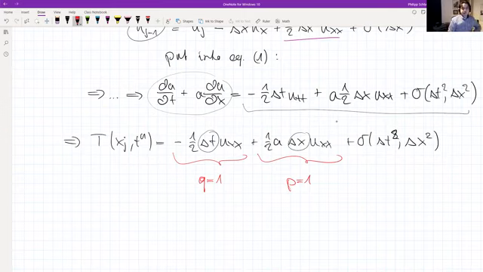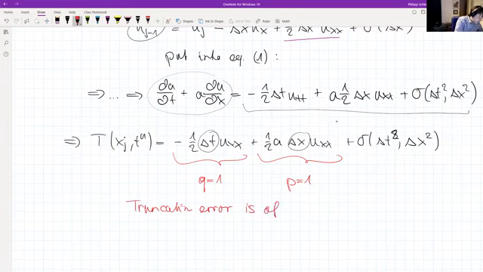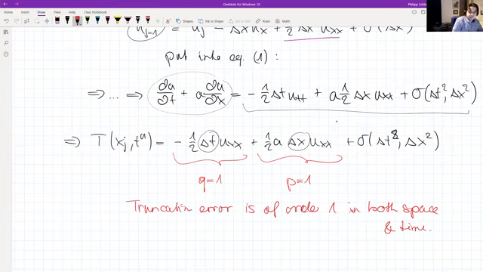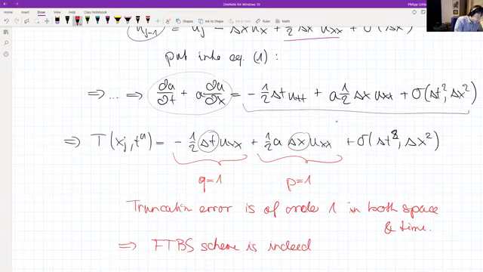And the conclusion of this means that the truncation error is of order 1 in both space and time. And this essentially means for this scheme, the forward time backward space scheme, is indeed consistent.